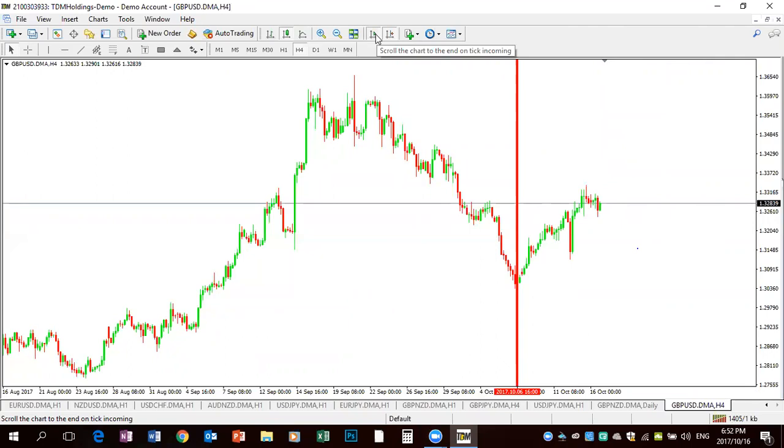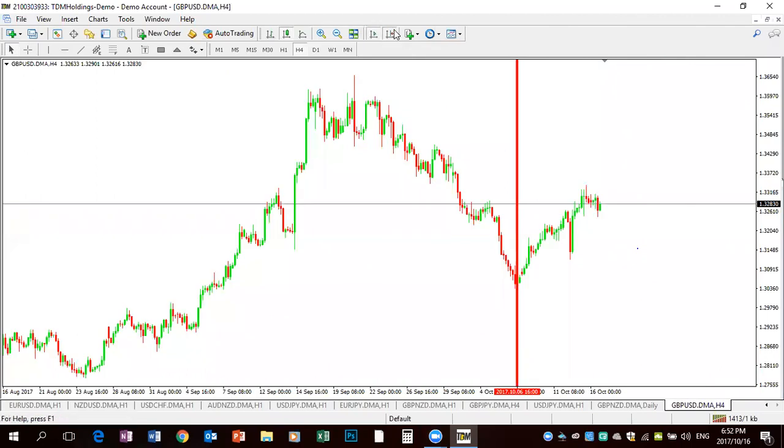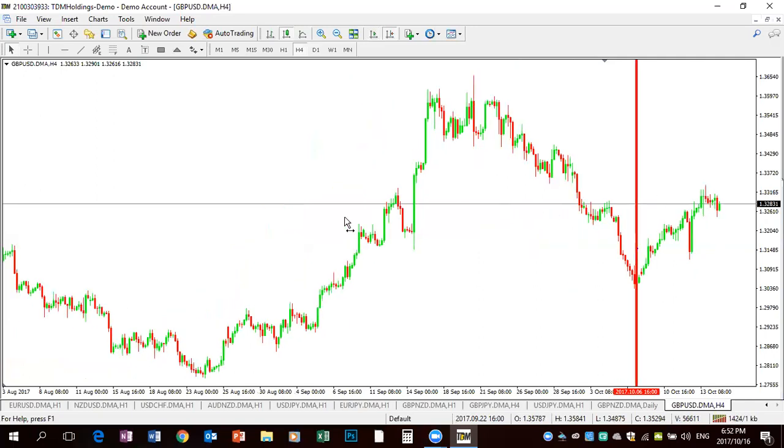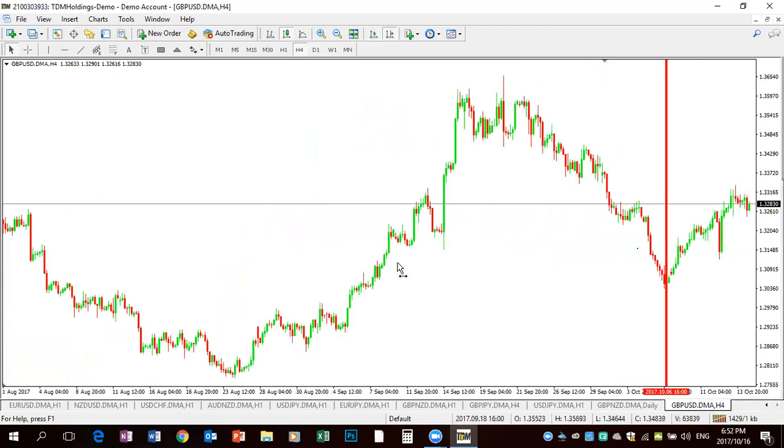Scroll the chart to the end, or shift end of the chart from right border. These are the two icons that we use to shift our charts. If you don't want to use them, you just click and drag your market with your cursor. Can you see I am doing exactly that?